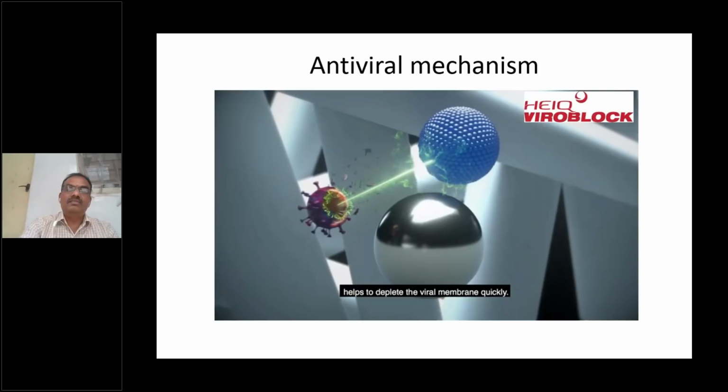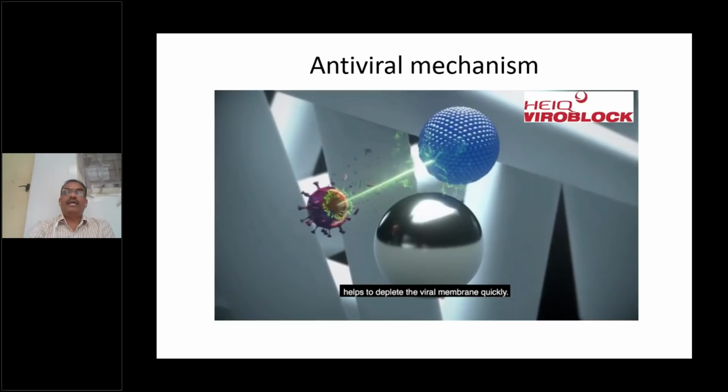So the company has made a compound with the vesicle technology, the silver ion, nano silver, coming with the vesicle technology, which is shown as a blue ball. This is the testing against the coronavirus. The vesicle technology breaks the outer profile, the cover profile. Normally, that profile is not broken by silver ions.